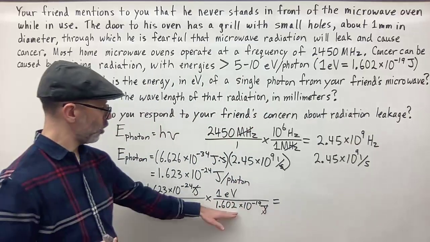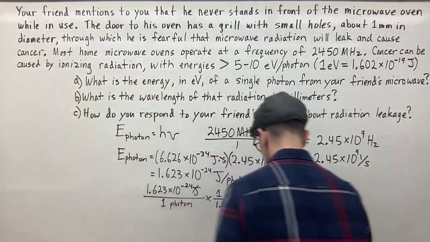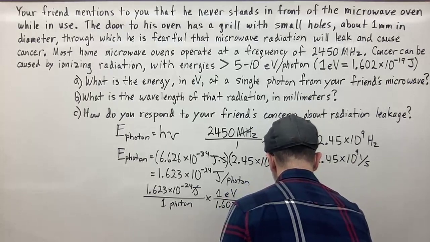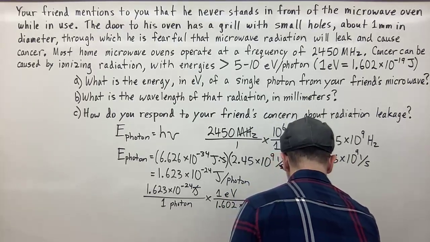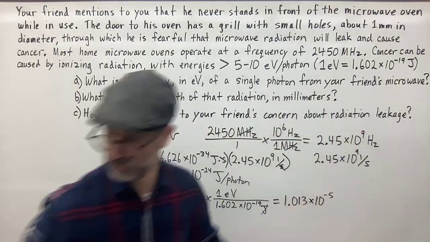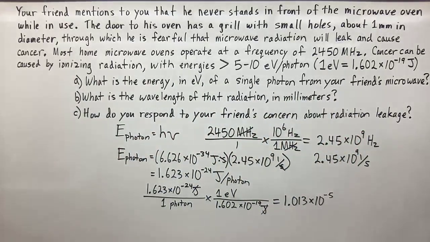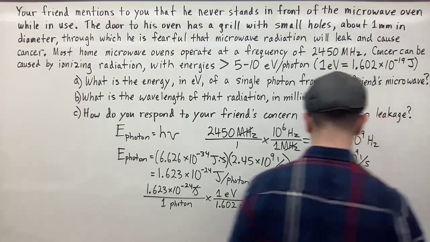When I calculate this, I get 1.013 times 10 to the negative 5, yes, to the negative 5 electron volts.